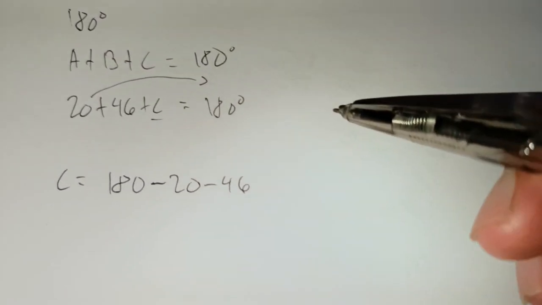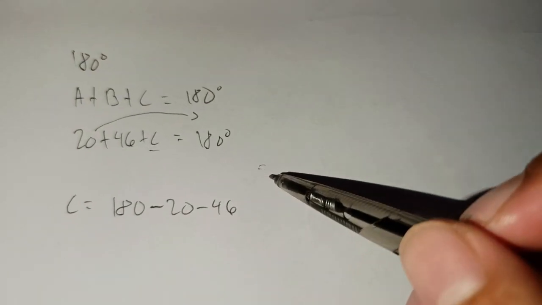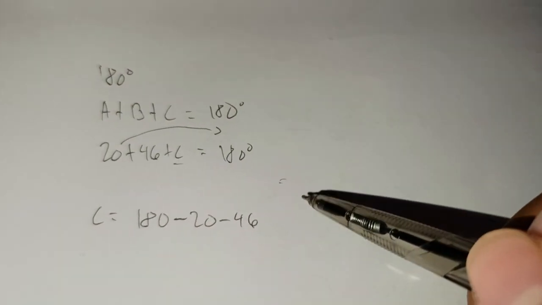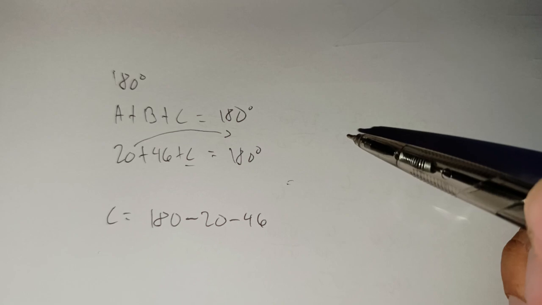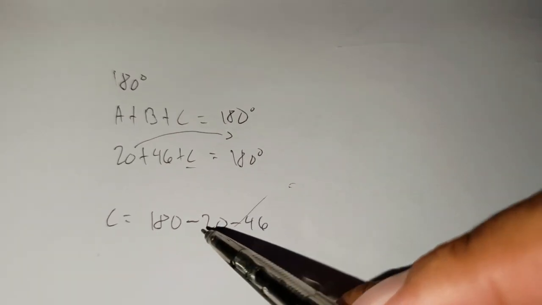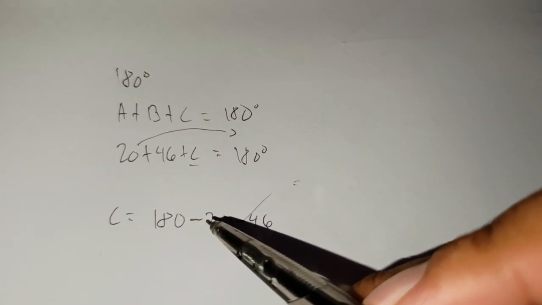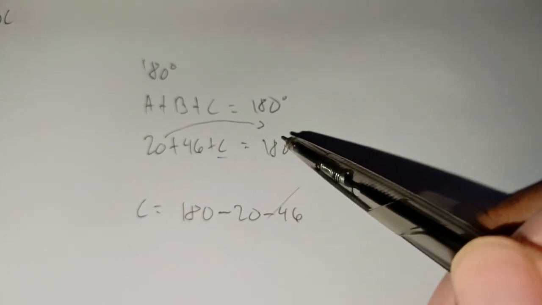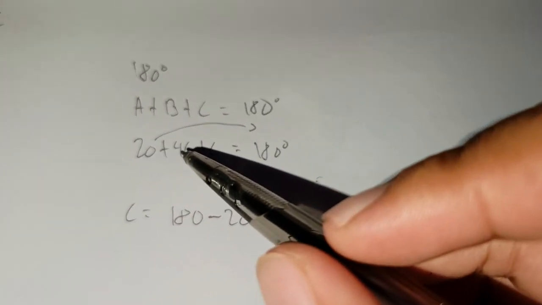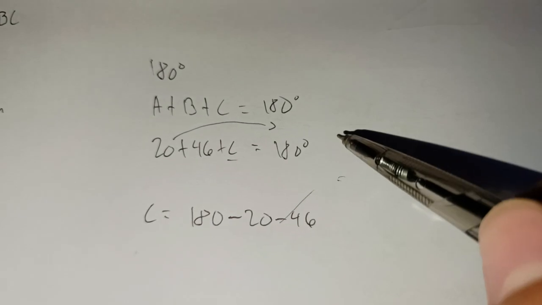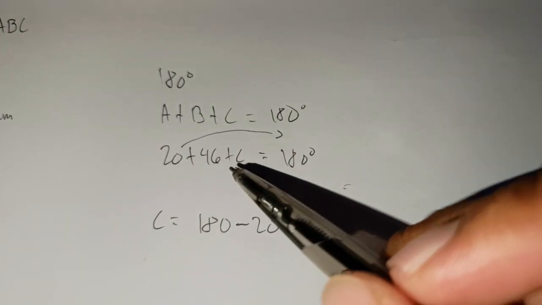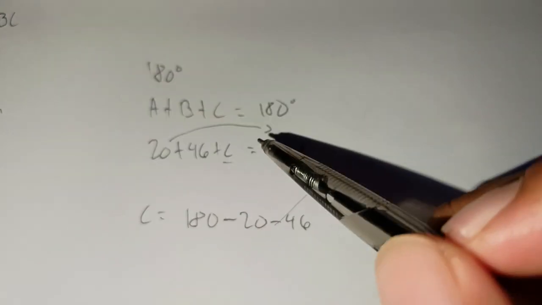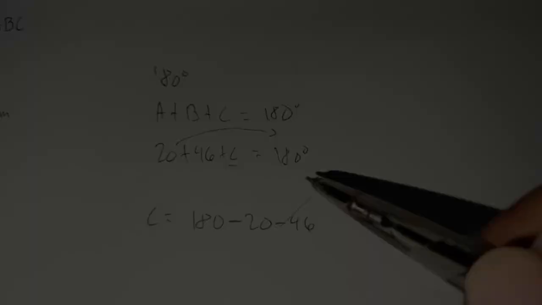If you're asking why we make them negative, it is because when we move 20 and 46 to the other side of the 180, since they are positive, their sign also changes.